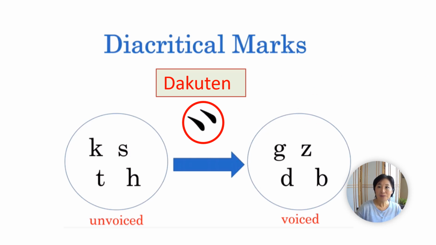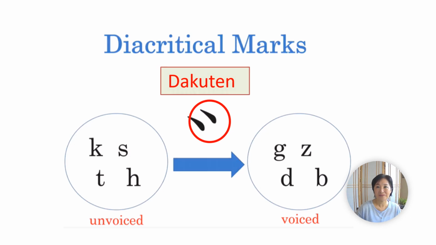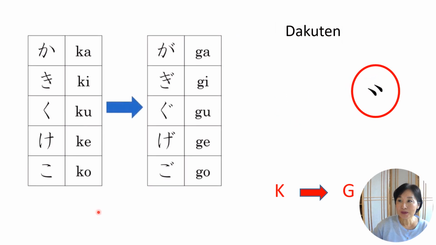When Dakuten is added to a hiragana, it changes an unvoiced consonant like k into a voiced consonant like g. With the letter ka, the sound transforms into ga.